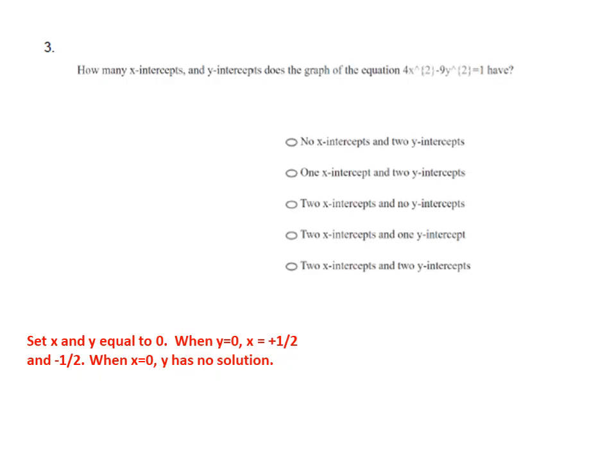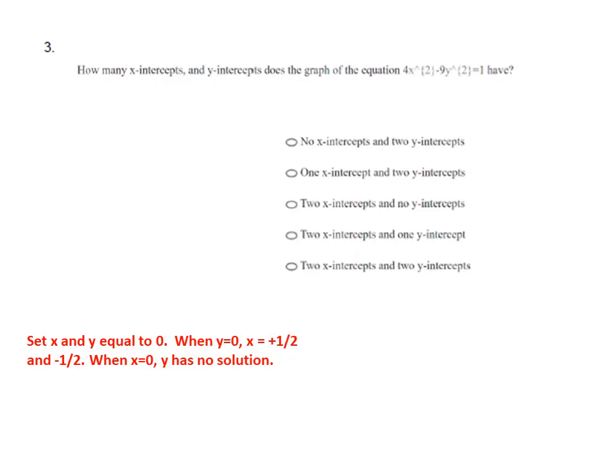So when y equal to 0, we'll get either x equal to positive half or x equal to negative half. And when x equal to 0, on the right side we'll get a negative value, that is -1. So y squared equal to -1 by 9, and y will be what?